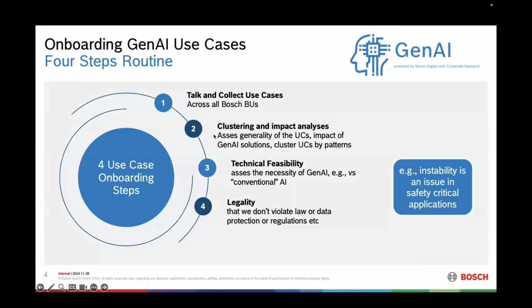This led to defining routines, ways to onboard GenAI or large language model centered use cases and applications. For example, some four steps were developed and communicated on how one can go about that. There was collecting use cases, clustering, technical feasibility studies, and legality understanding of whether language models could be used for a given topic.